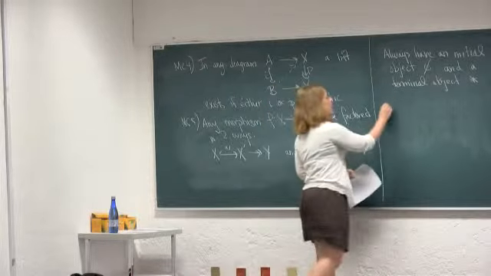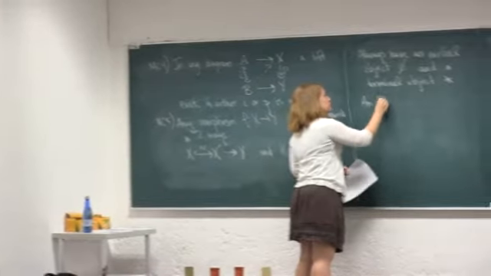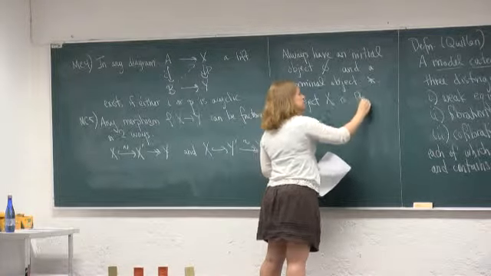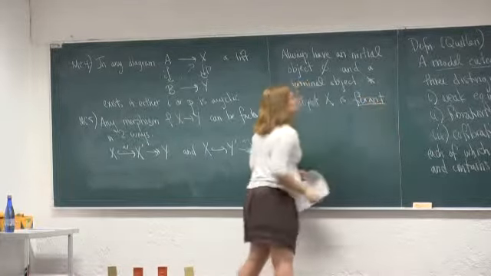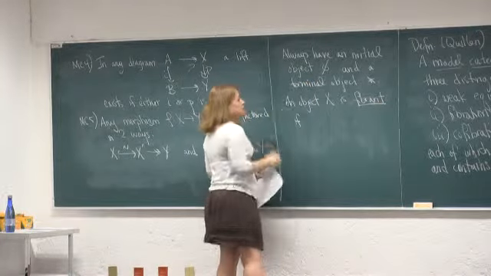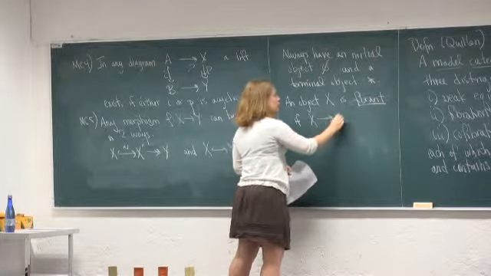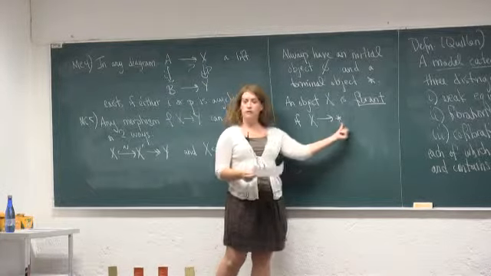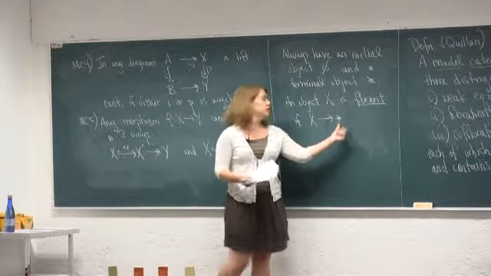And then we say that an object X is fibrant if, since we have a terminal object, we always have a unique morphism from any object to the terminal object.